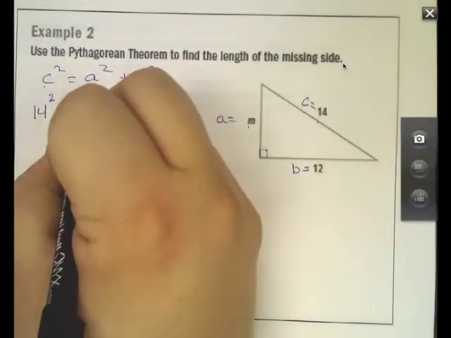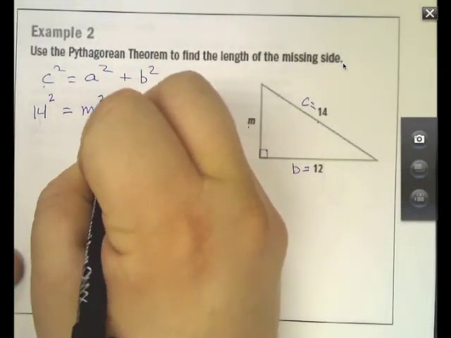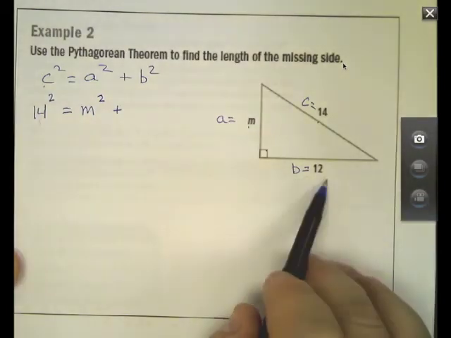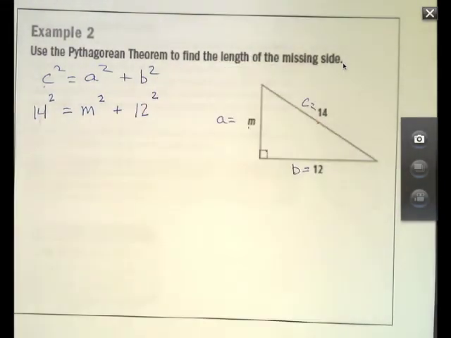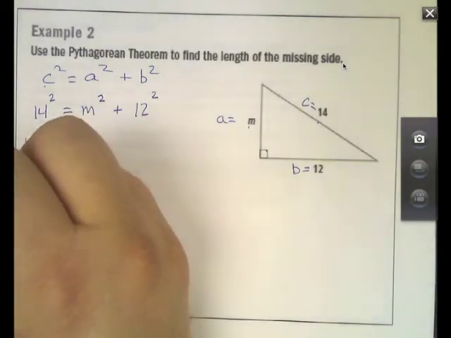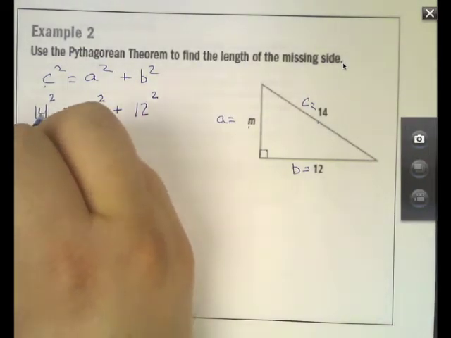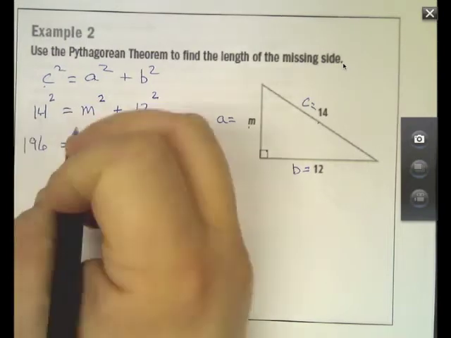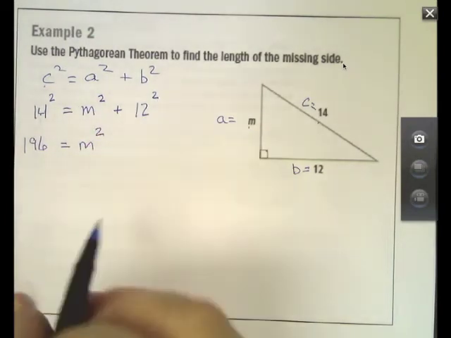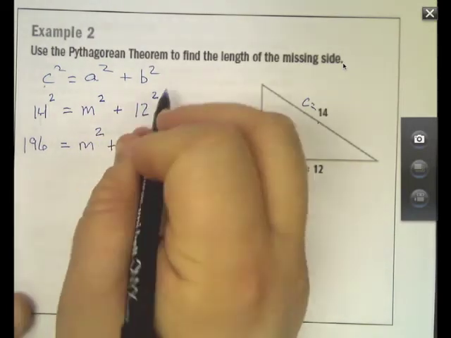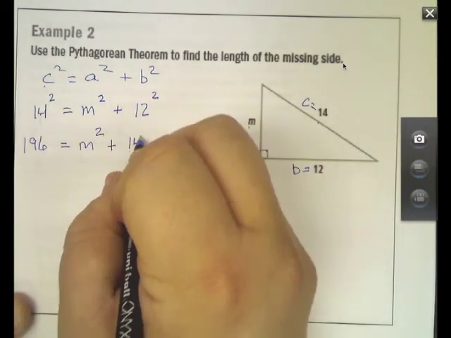Okay? What's C? C is 14 squared. What's A? A is my M in this case, so it's M squared. Plus B. What's B? B is 12 squared. Well, it helps to know what 14 times 14 is. You all should be telling me it is 196. I just took 14 times 14.